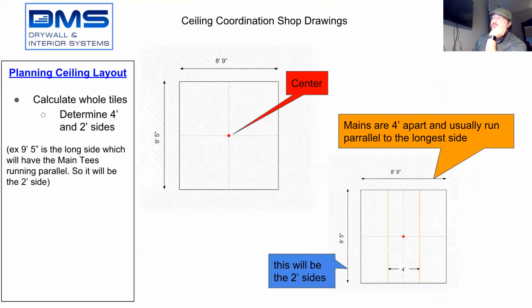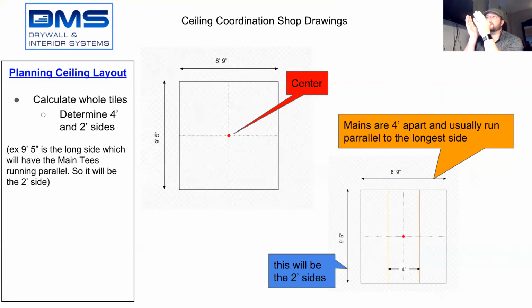Now what we need to do is determine which side is going to be the 4-foot side and which side is going to be the 2-foot side. To determine which is going to be the 4-foot side, meaning the main tees, which are spaced 4 feet apart, are going to be running, and which side the 2-foot tees are going to be running.